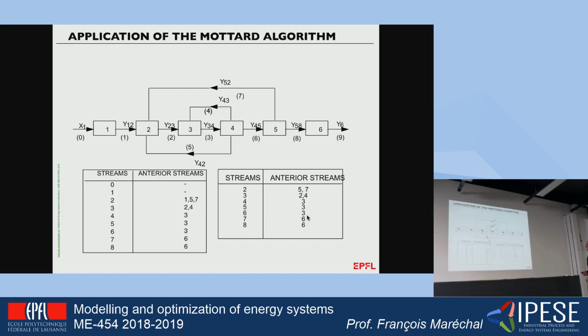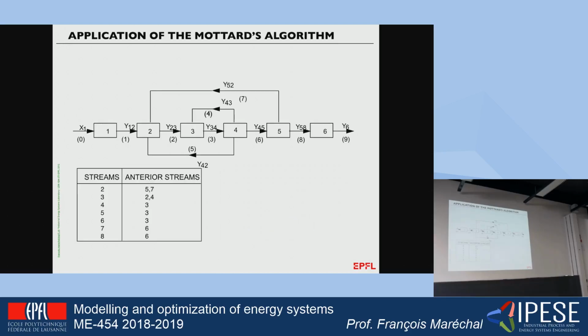Now I'm going to continue the procedure, so each time I see 4 I can replace it by 3, each time I see 5 I can replace it by 3, each time I see 6 I can replace it by 3, each time I see 7 I can replace it by 6, and each time I see 8 I can replace it by 6. Okay, let's do it like this. And of course, I have replaced by 6, and 6 can be replaced by 3.